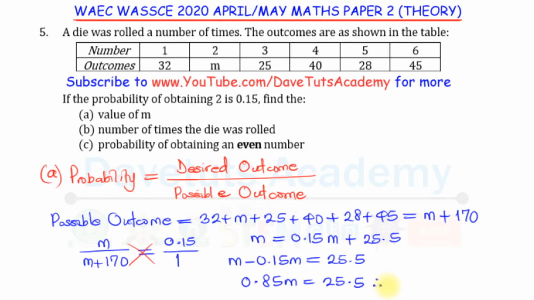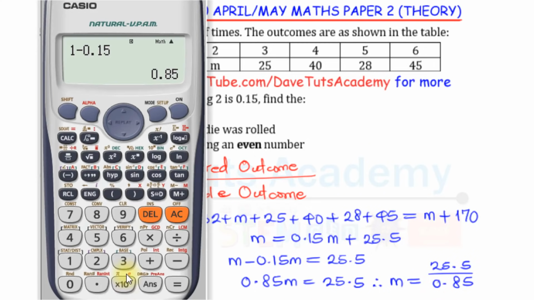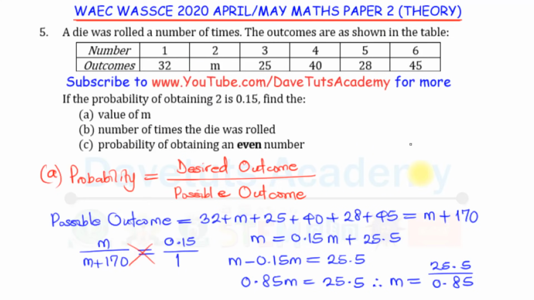So m will be 25.5 divided by 0.85, and we get that on our calculator. That is 30. So the value of m from this question is 30.